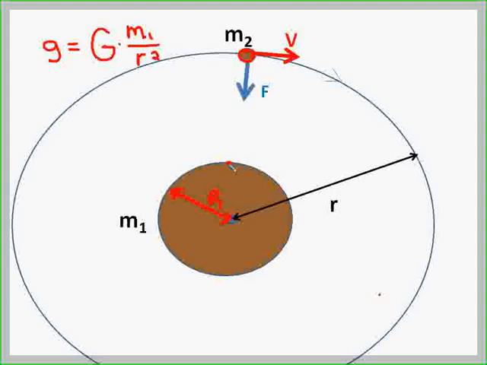What is the acceleration due to gravity on the surface of that planet? We know how to calculate it up there where m2 is, no problem. What if we want to calculate the acceleration due to gravity right on the surface of the planet? If you have it, write it down, call me over, I'll give you thumbs up, thumbs down.